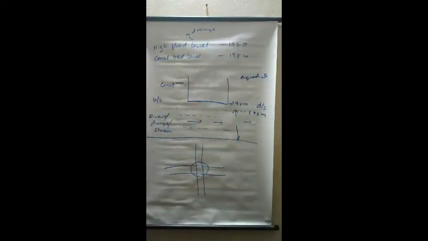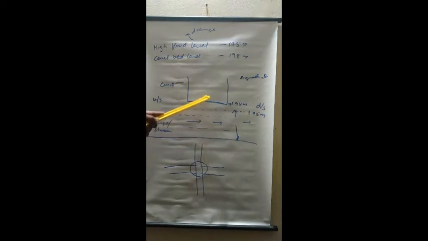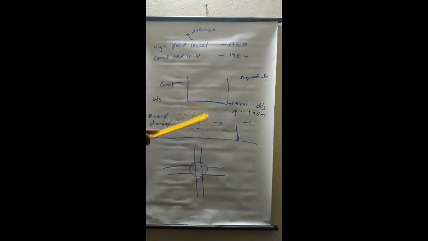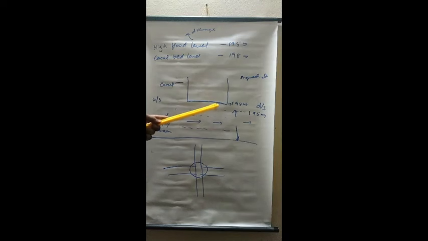aqueduct. And also we know that the canal bed level is above the river bed level. It is already understood. And moreover, the high flood level in the river is below the canal bed level.